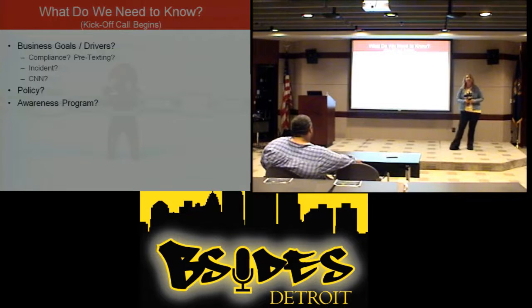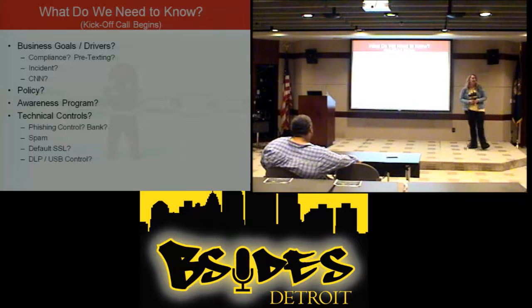So now we understand, okay, in this particular case study, I'll actually get to that in a second. But the second question we need to understand is, do you have a policy? Right? What are your existing policies? Because we really should be testing something very specific, which would be specific policies and procedures.